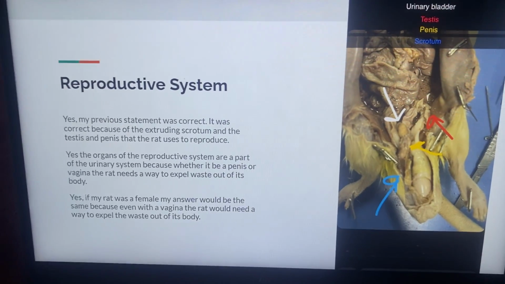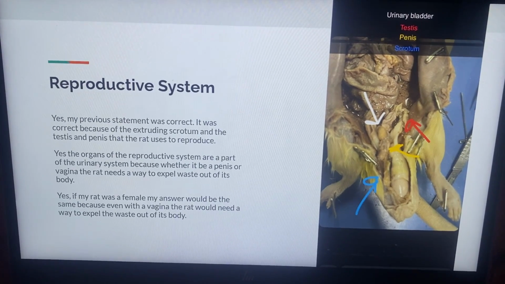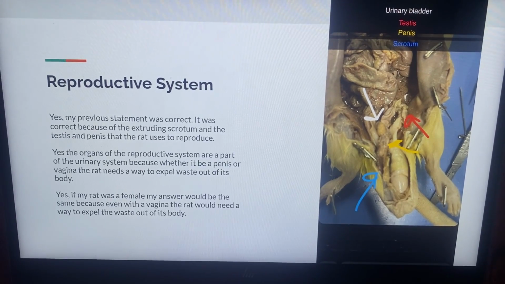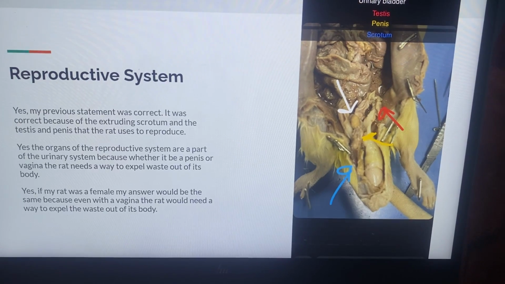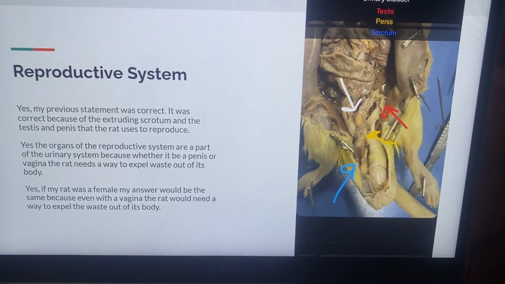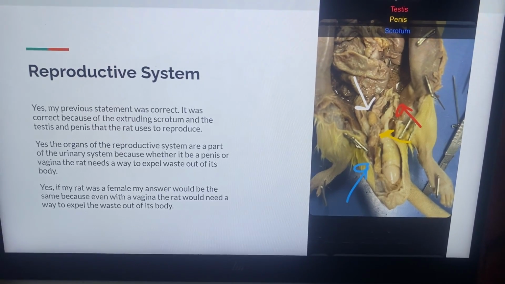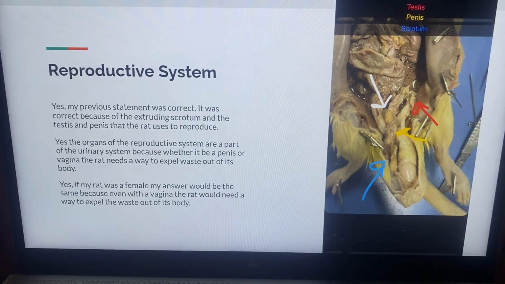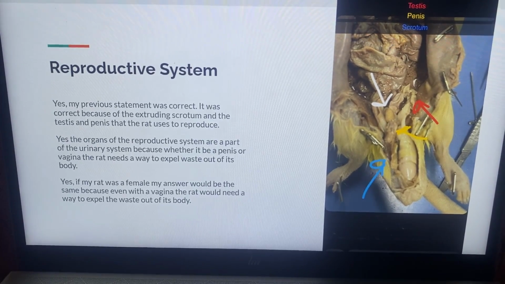Then we have the reproductive system. Yes, as previously stated, my statement was correct. It was correct because of the extruding scrotum, and from what we can tell from the picture, there are testes and a penis that the rat uses to reproduce. And then, yes, the organs of the reproductive system are a part of the urinary system because whether it be a penis or a vagina, the rat needs a way to expel waste out of its body.